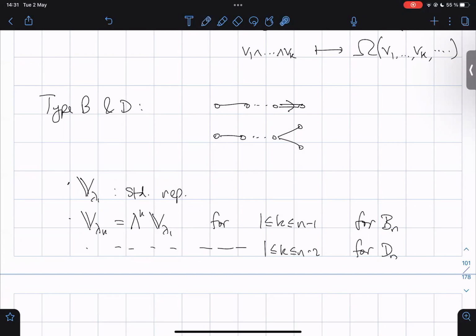Here the enumeration is 1, 2, and so on, up until n minus 2 over here, and then this is the (n-1)th, and this is the nth. So this wedge construction in terms of the standard one does work over here.